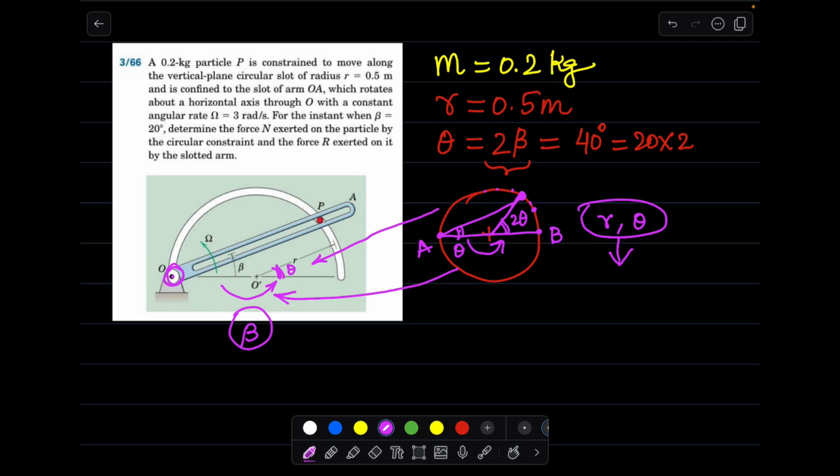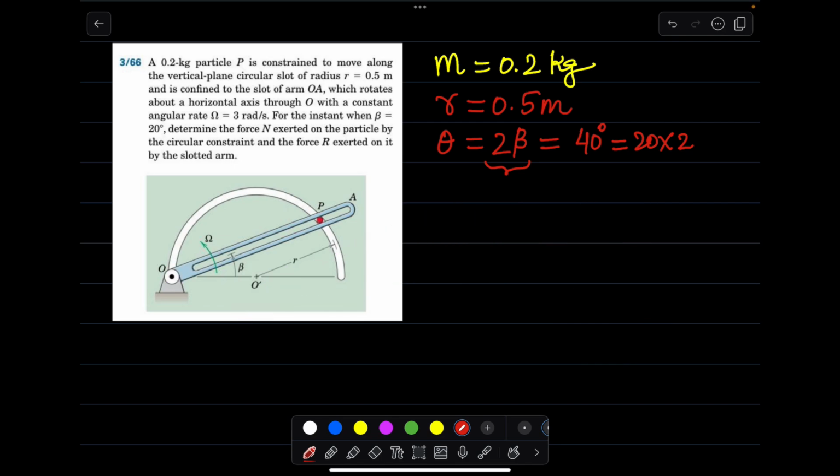Now if we apply the r and theta concept, we need to know what the particle is moving with respect to. Where is the center? We found that the center is at O dash. This is the real center. With respect to this point, this particle P is moving. So we will apply the r and theta concept from this O dash.